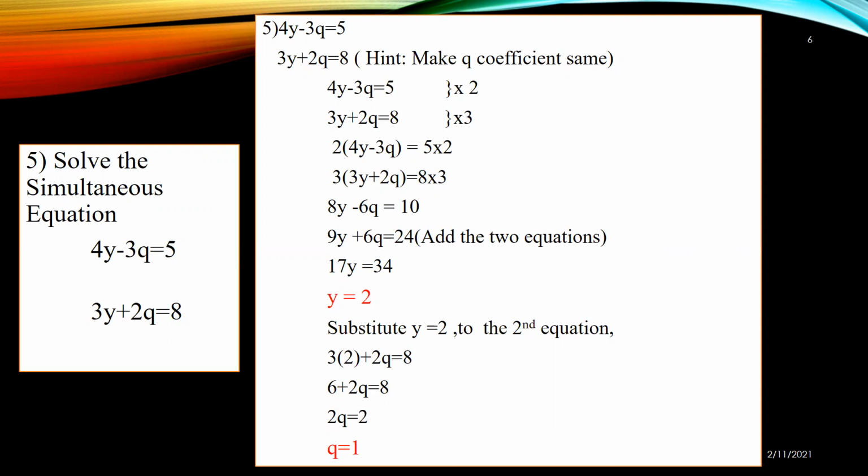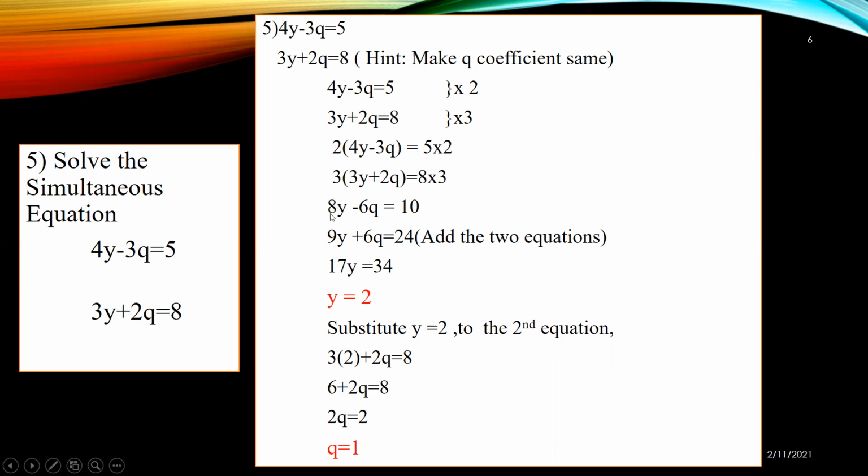I'm going to take q. In my first equation the coefficient is -3, and here I have +2. So I'm going to make them common. I'm going to take 6 as my common term. To get 6, I have to multiply my first equation by 2 and my second equation by 3.